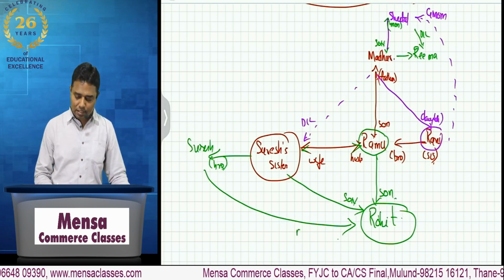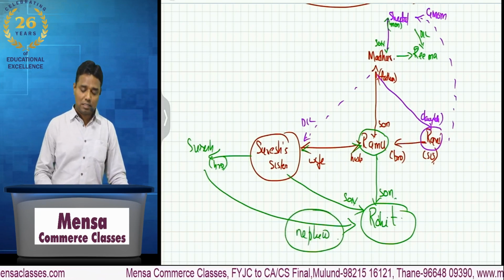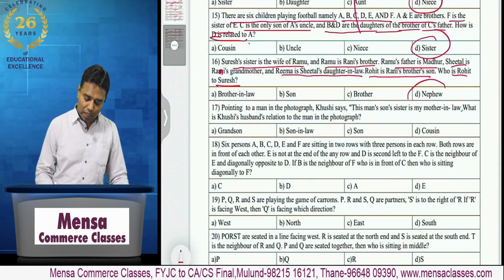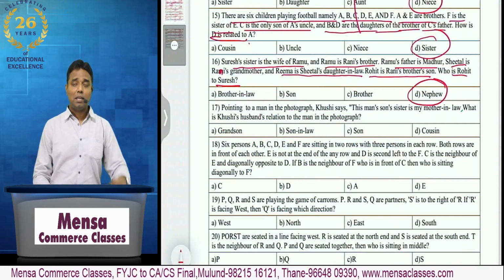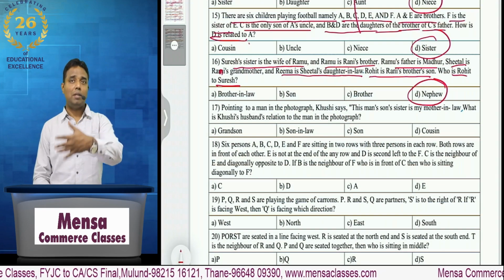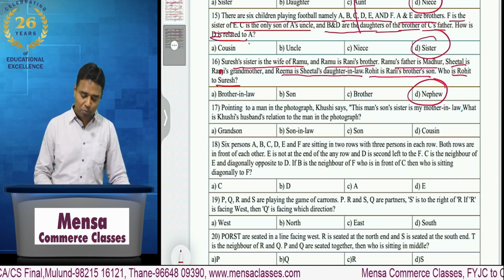My sister's son is nothing but nephew. So he'll say, this is my nephew. The correct answer is option D. He'll say, my sister is married to Ramu and they have a child, Rohit. So sister's son is nephew.